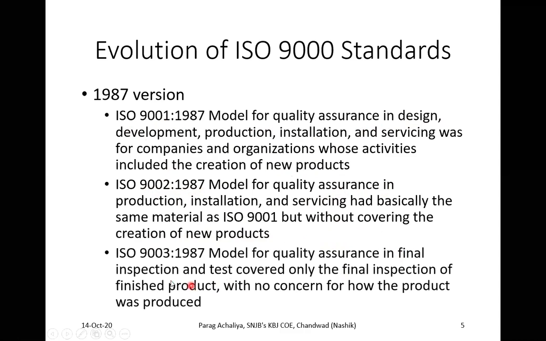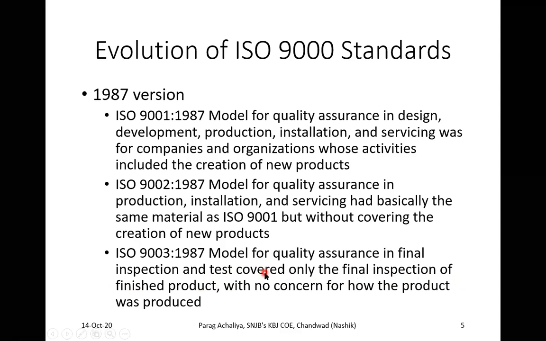In the third model, the 9003 1987 model for quality assurance in final inspection and test, covers only the final inspection of the finished product. 9003 was responsible for what? Inspection of the finished product. That means basically the testing activity was done in 9003 1987, because the finished product will ultimately be your final output, and the test covered only the final inspection.